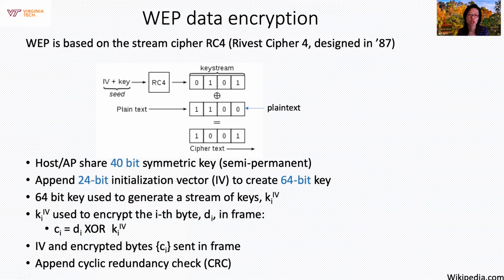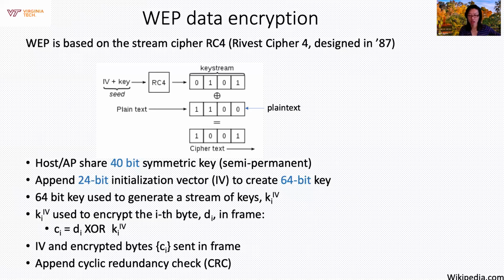There's also an initialization vector which you send in the clear, so it's just kind of like DES, but it's a stream cipher with a very short key. What you do is you use the initial key together with the IV, and then you generate a whole bunch of keys, and the whole bunch of keys are used to encrypt information for this frame.